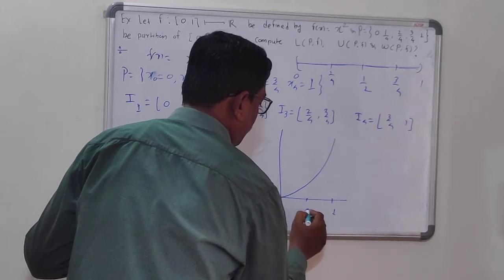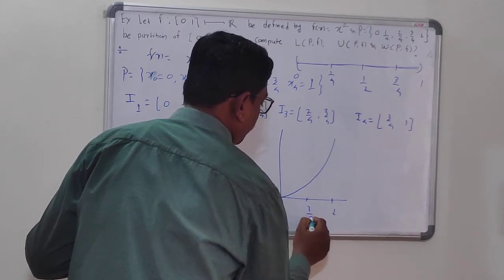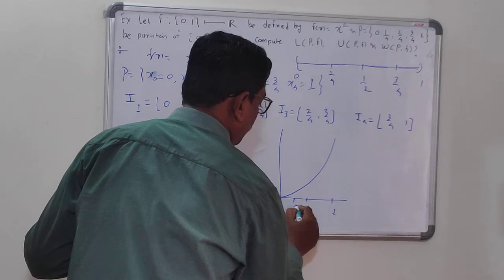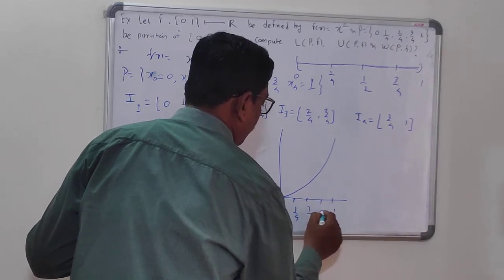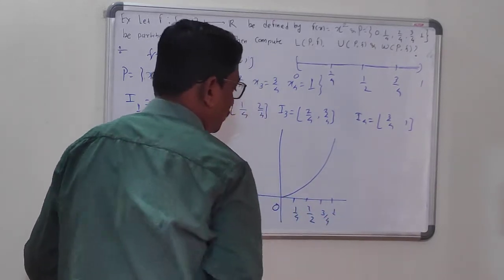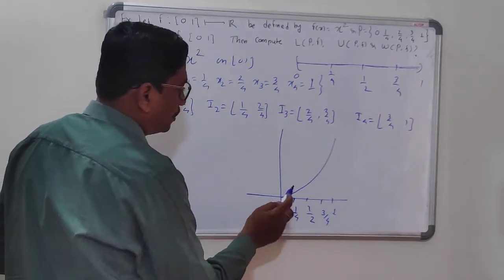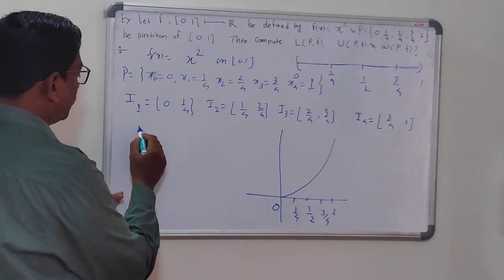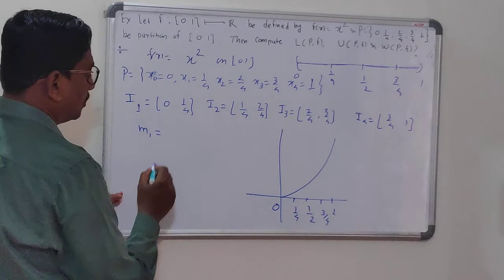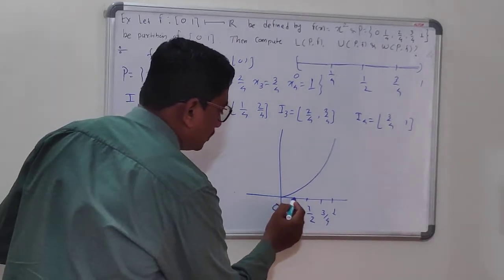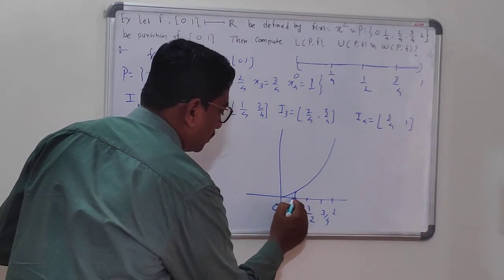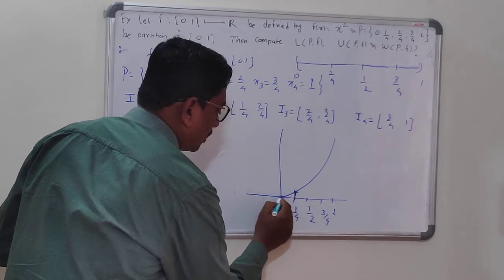So this is your one point, that is 2 by 4, that is 1 by 2. This is 1 by 4, and this is 3 by 4. And look out, this graph is increasing. So clearly, what is the supremum and infimum in this interval? I can see this is the highest value and this is the lowest value.